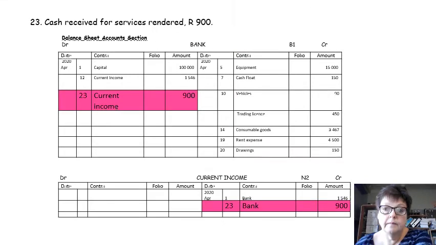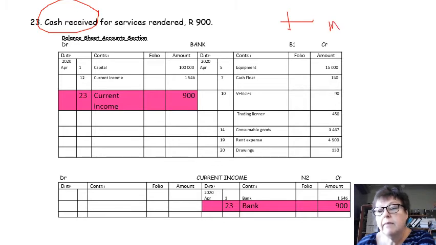Then the next transaction, on the 23rd, tells us that we are receiving cash for services rendered. If we receive cash, remember they tell us cash received. If we receive cash, it means the cash in the bank will increase. Cash received means it's an increase in the money.